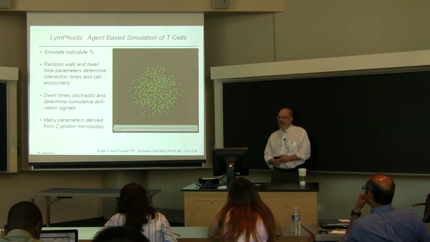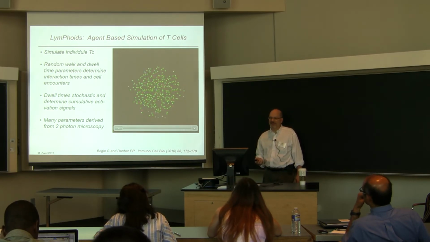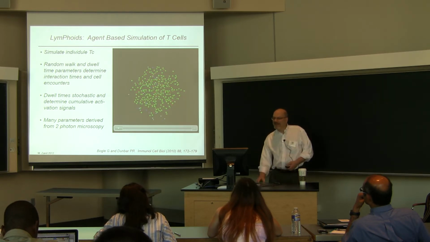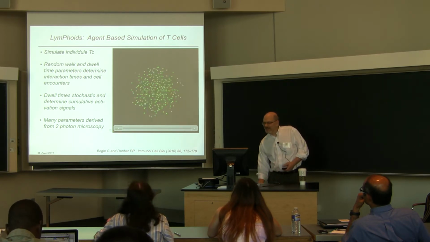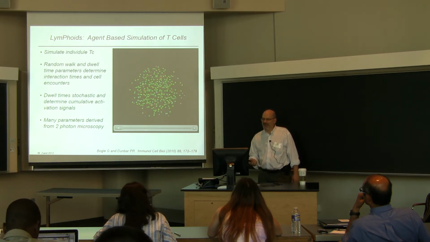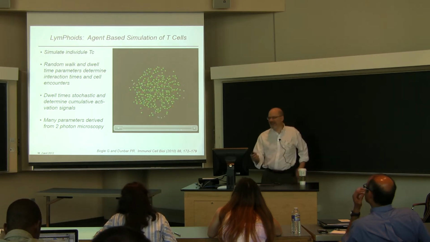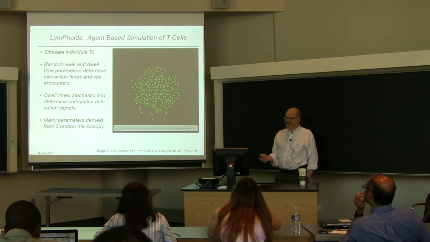So this is an agent-based simulation of T cells within a lymphoid follicle, and the T cells are the blue-based cells, and you can see them migrating around and getting activated. And you're going to learn about this in the agent-based modeling.